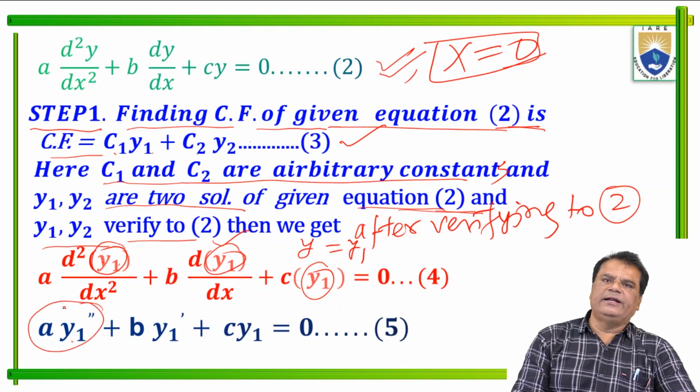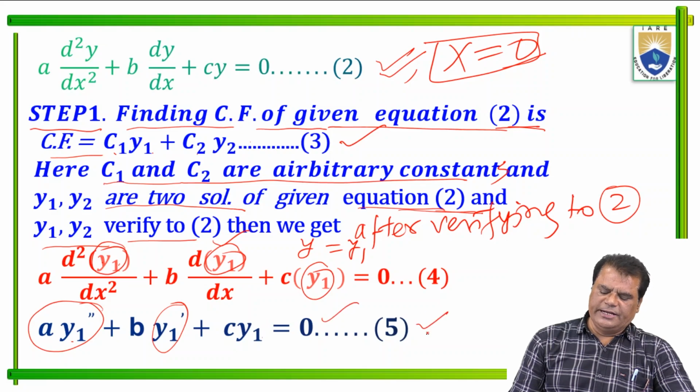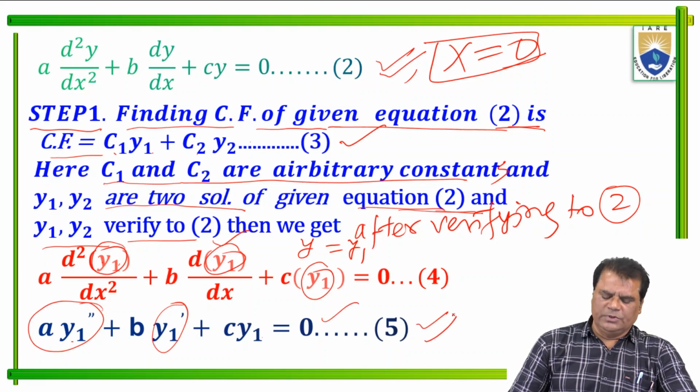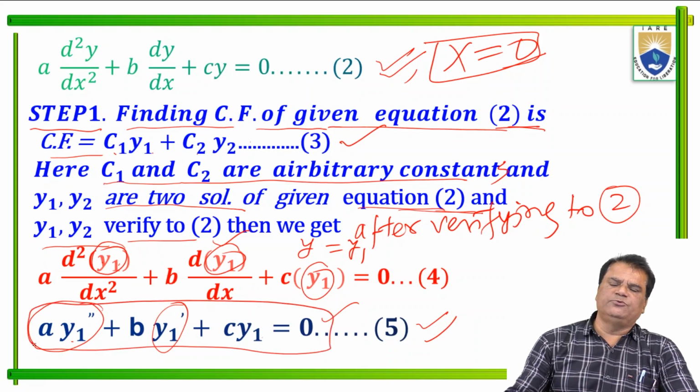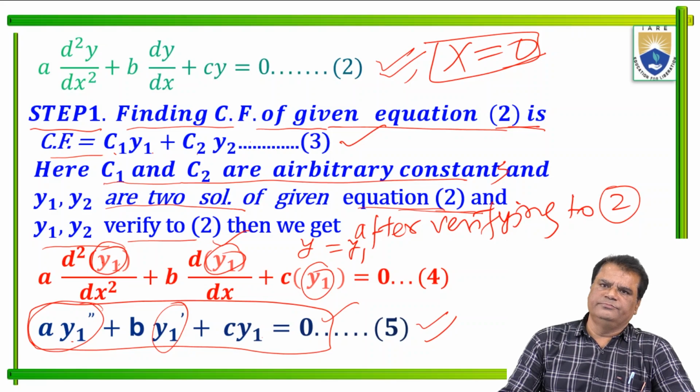So a y1 double dash plus b y1 dash plus c y1 equals 0, and we get equation 5. This result must be 0. The first solution verifies the given equation 2.